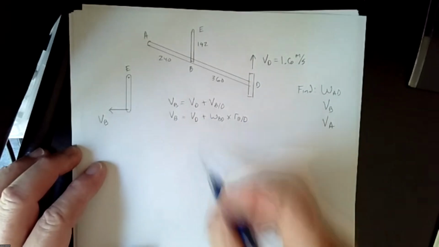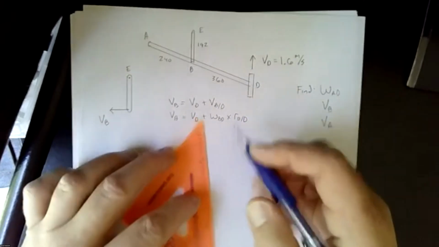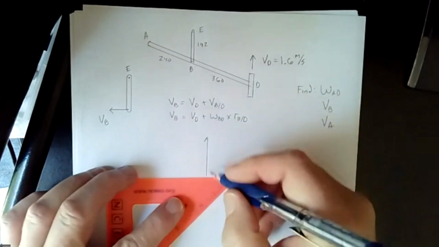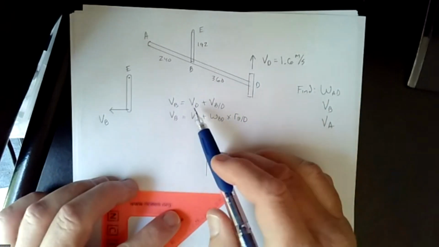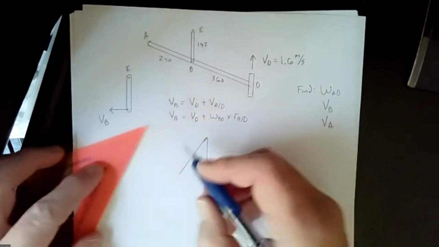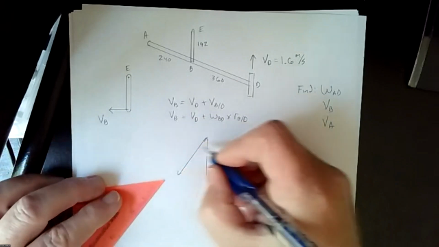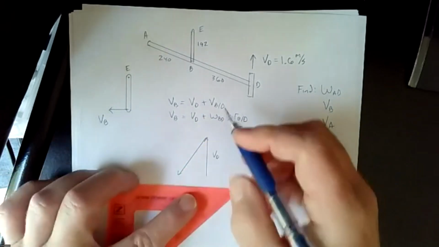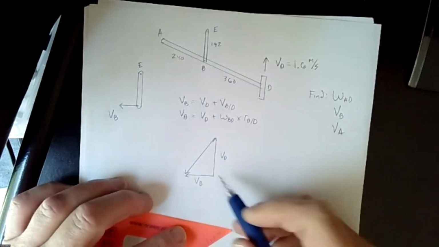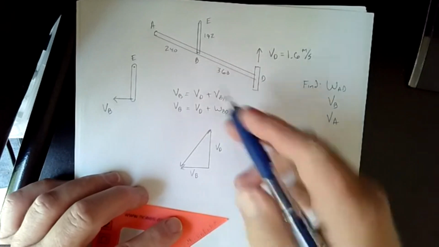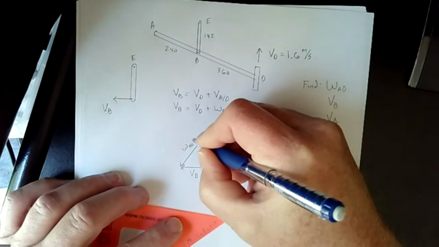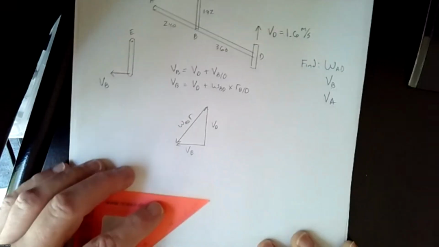So another way to think about this is if I were to draw my velocity of D going up, and I know that if my velocity of D is going up, and then I add that to my velocity of B relative to D, so this is velocity of D, then that has to add to my velocity of B. So this we know can also be written as omega BD times R in the scalar sense, can't it?